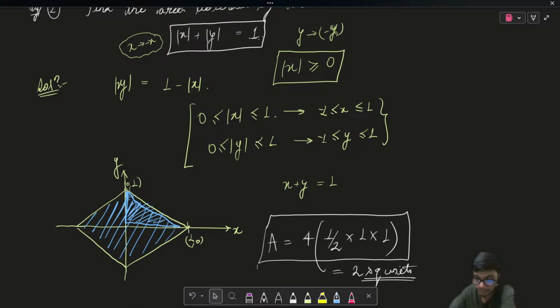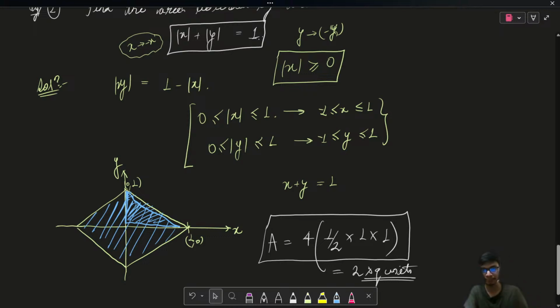Let me take some examples from the previous JEE Advanced problems as well, so that I can show you what types of questions have been asked in the examination and how you are going to solve them.